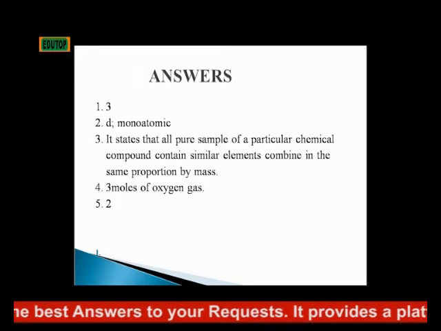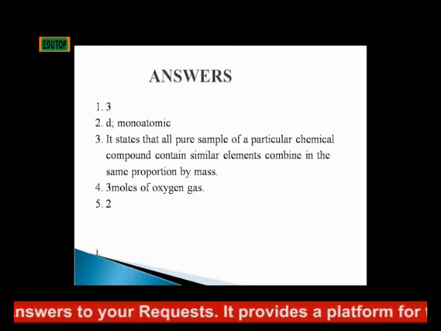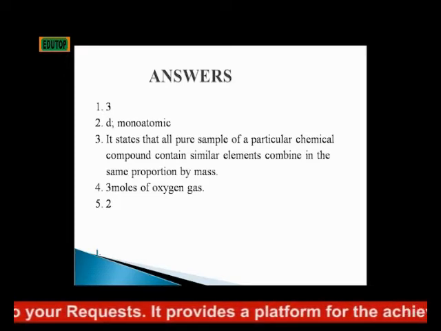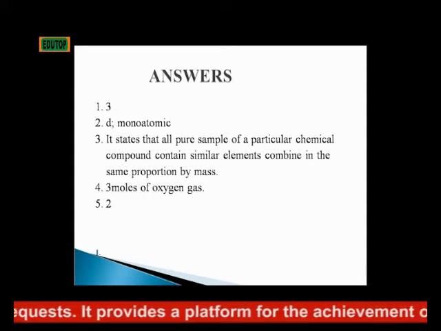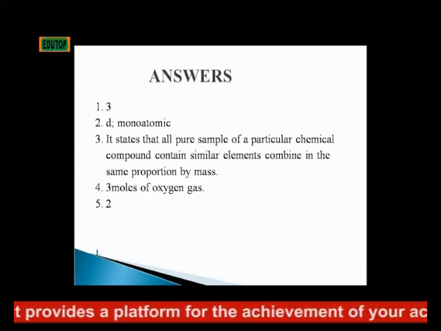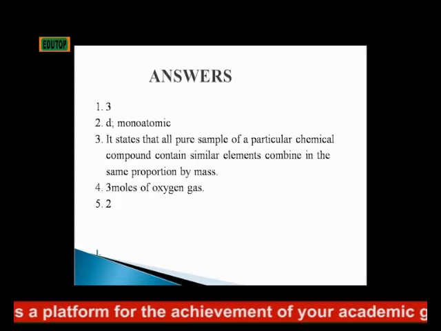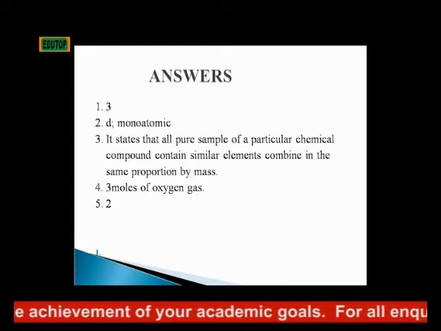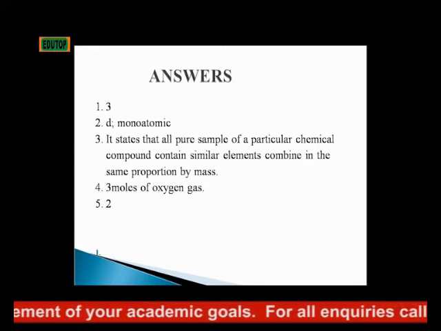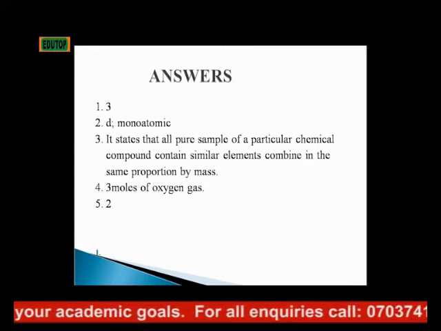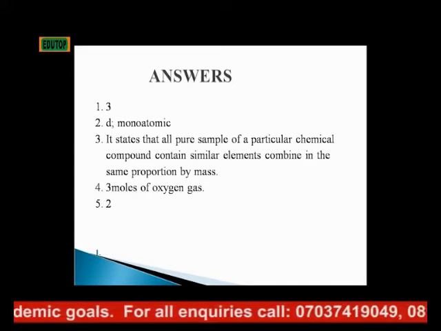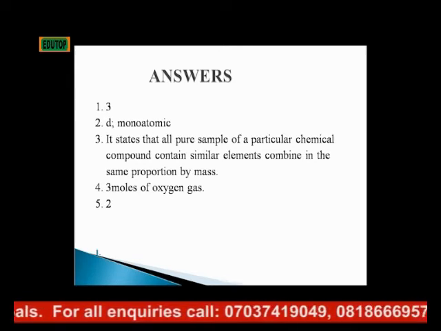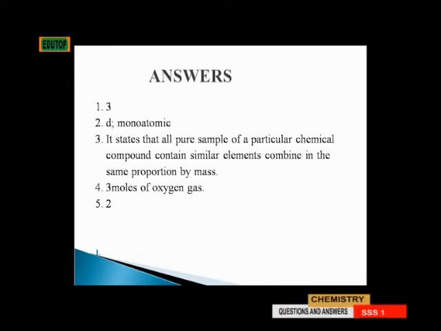Steam is water in the gaseous state and is also known as water vapor. Here, this is the reaction to justify question number 4. From this reaction, it can be deduced that 2 moles of hydrogen gas react with 1 mole of oxygen gas to give you 2 moles of steam.